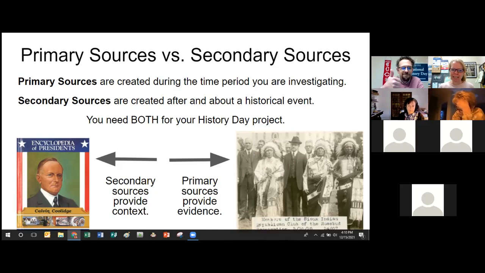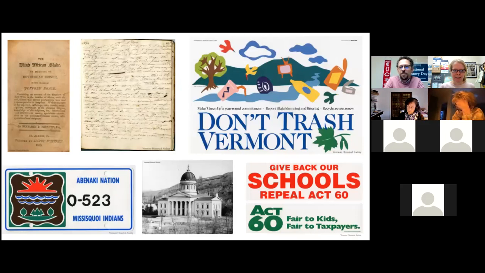So if you want to go to the next slide. These are just a few examples from the Vermont Historical Society. We do have the photographs. We have a diary entry here. We have a narrative, it's The Blind African Slave, a memoir.